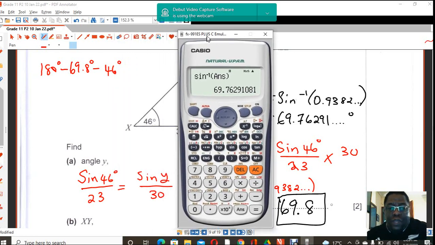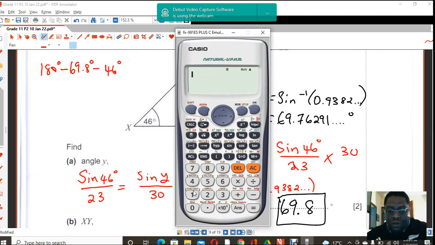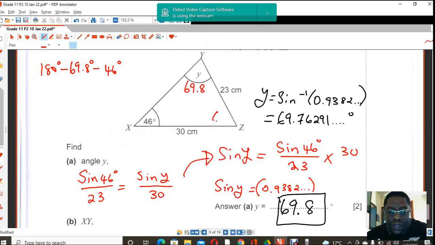So you say 180, take away the sum of 69.8 plus 46. Oh, made a little mistake. That's supposed to be 46. Okay, so you get 64.2. Right. So this angle here is 64.2.